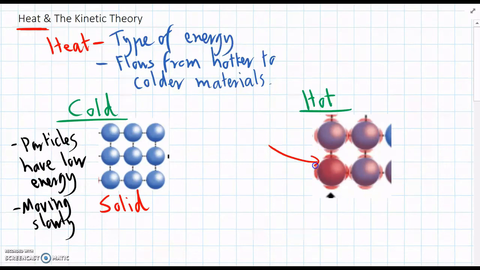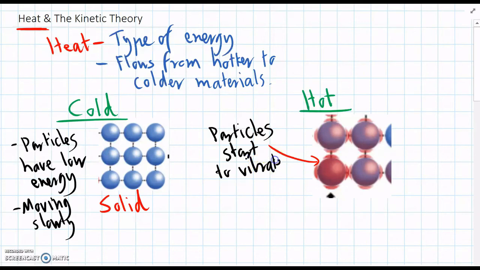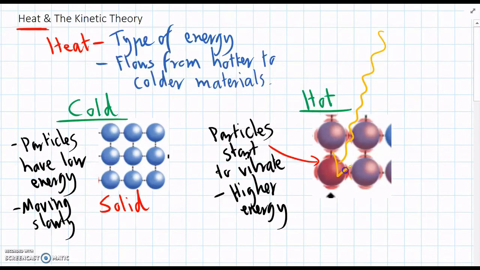And we can see here on the diagram, the particles start to vibrate and they move around a little bit because they have a higher energy. Because heat energy has been transferred in. So that heat energy must have come from somewhere else. Maybe it's come from the sun heating up your mobile phone case.